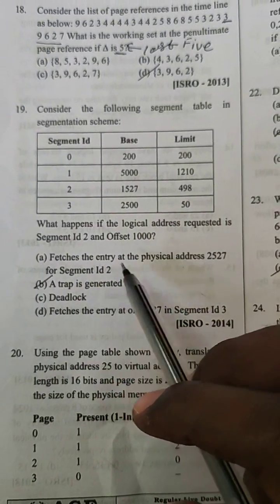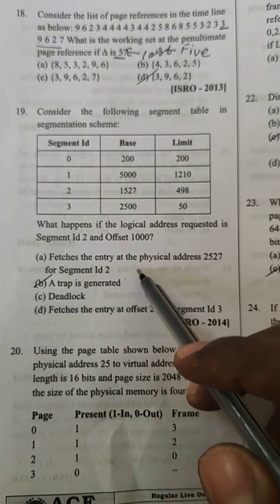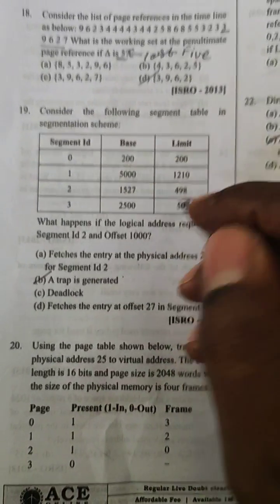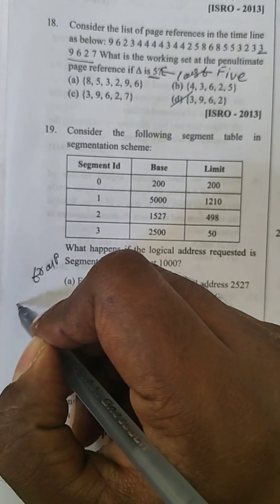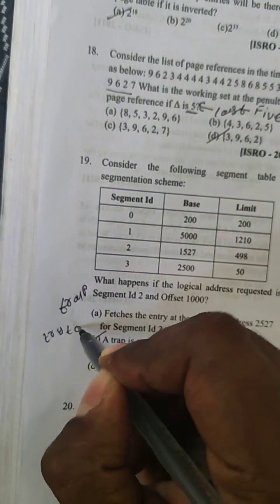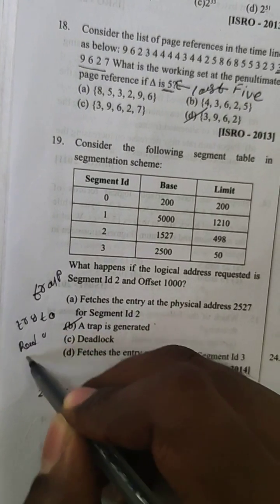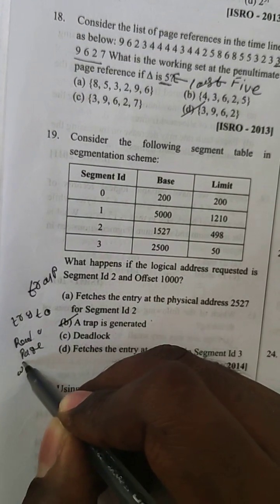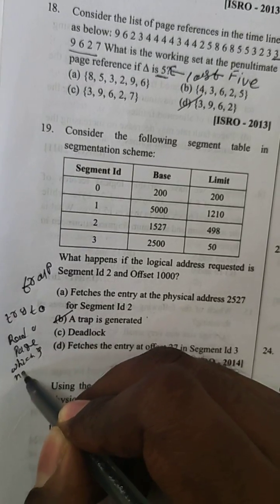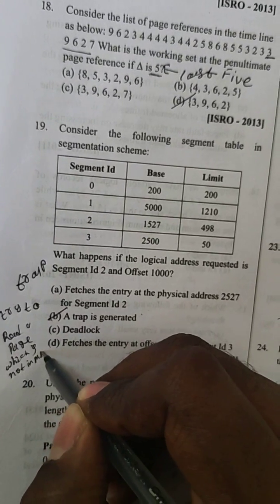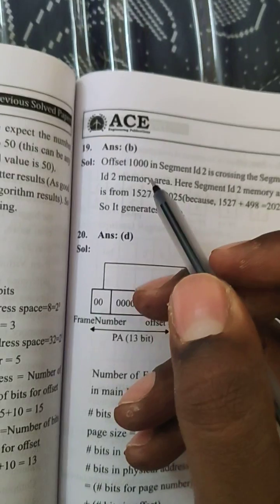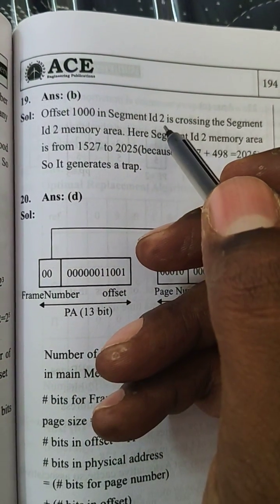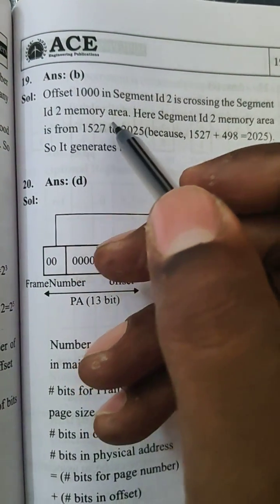A trap is generated. A trap means a fault, trying to access something that is not allowed. 19. Okay, offset 1000 in segment ID 2 is crossing the segment ID 2 memory area.